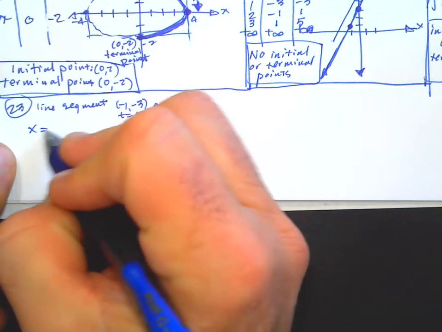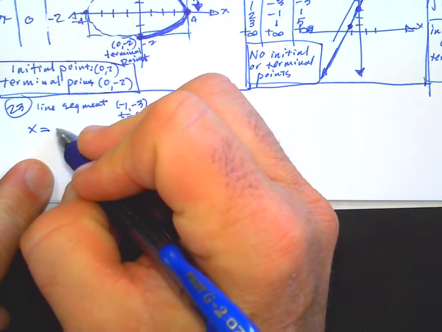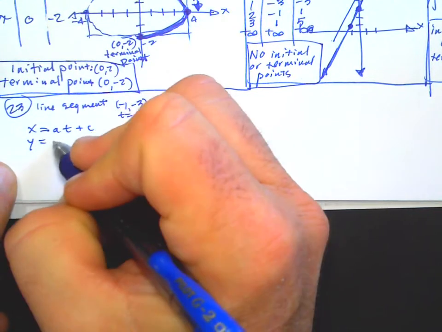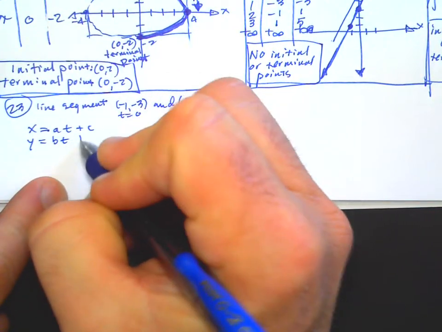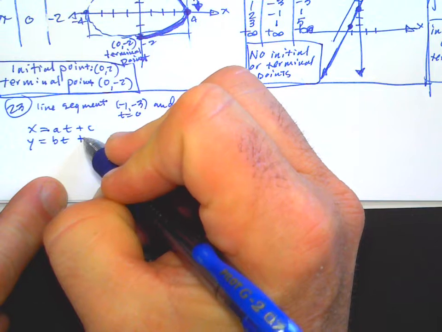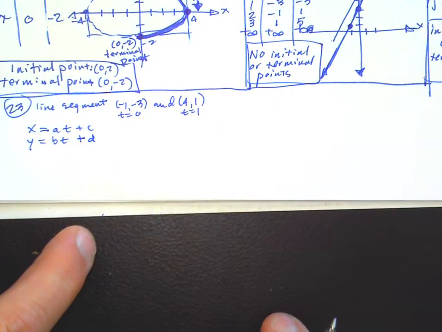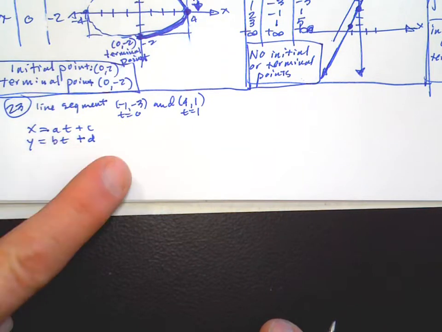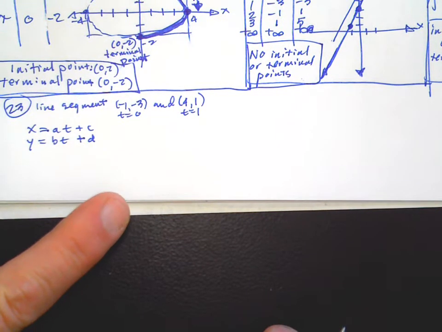So what we said is, well, x is going to be some kind of linear equation, at plus c is what we used in the notes, and y is going to be some linear equation, bt plus d or something. You can use whatever letters you want. So we need to find those 4 unknowns, and then we'll pretty much have our answers.